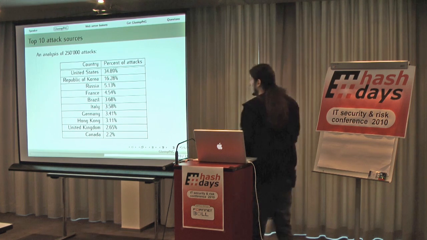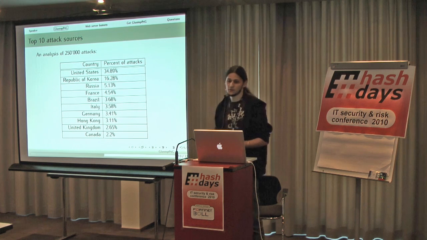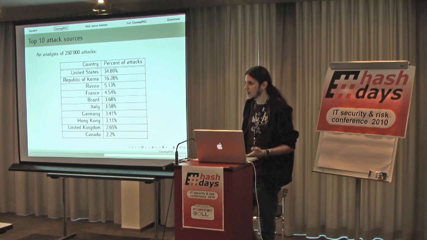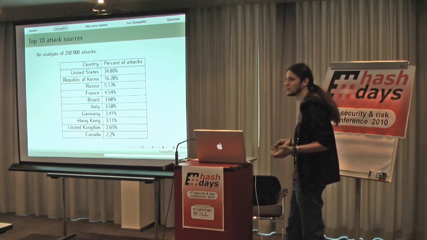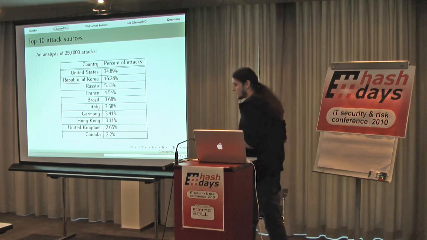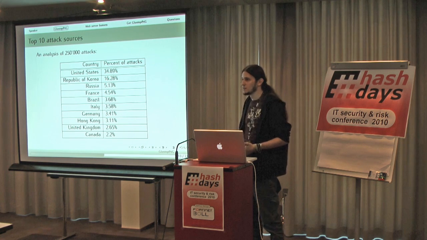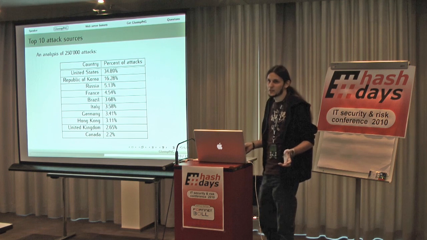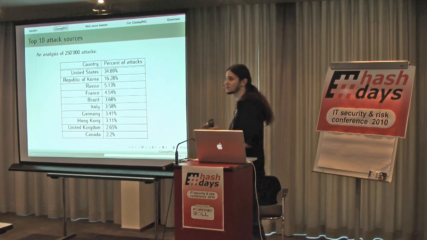So here, a little bit about statistics: statistics over 250,000 attacks we had. This is something we already know, especially from antivirus vendors. But how do you know their data is correct? Do you know where they get their data from? Normally, not that specifically.